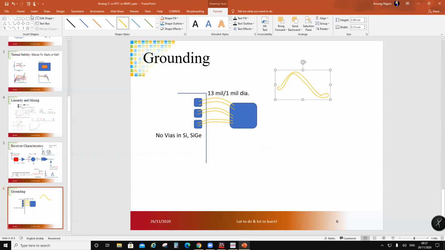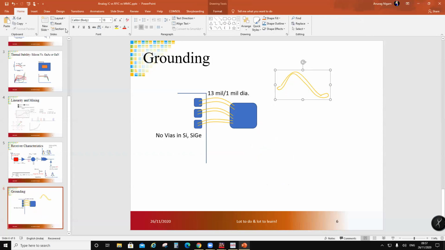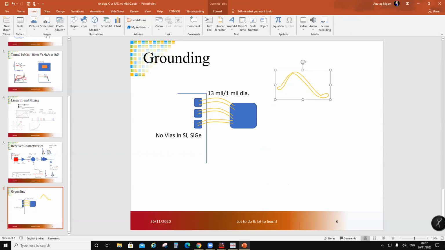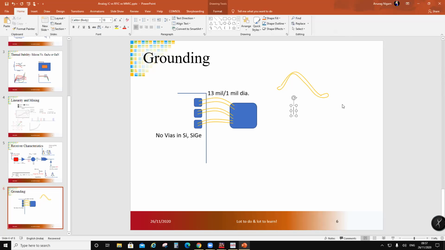Okay, so I will name this as edge bond or wedge bond. So the bonders can be wedge bonders. Okay, so whatever prototyping you are doing, these wedge bonders are available. They are cheap, and then there are something called ball bonders.